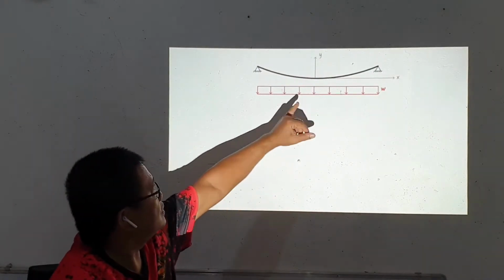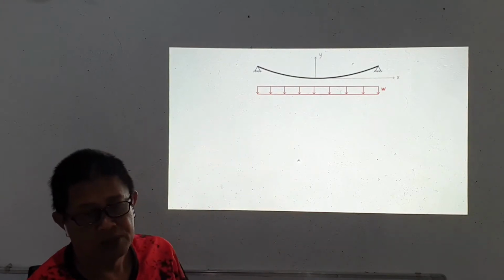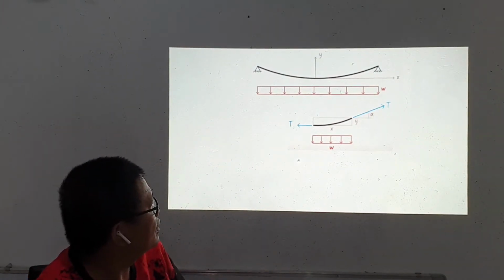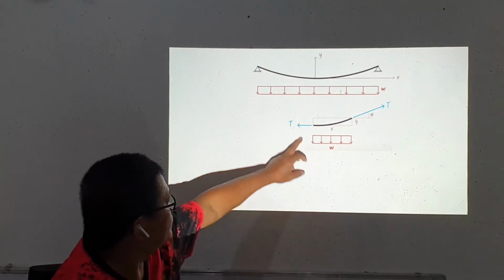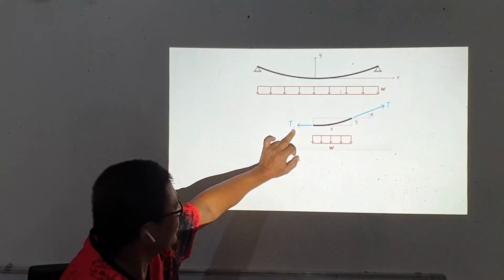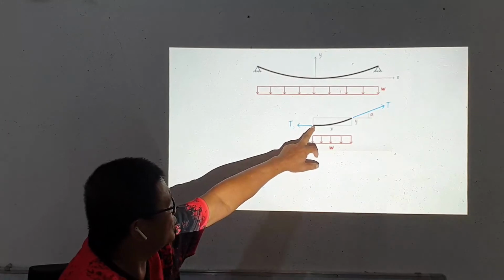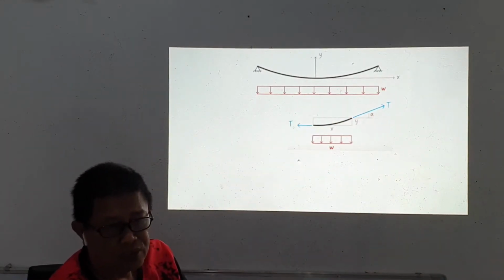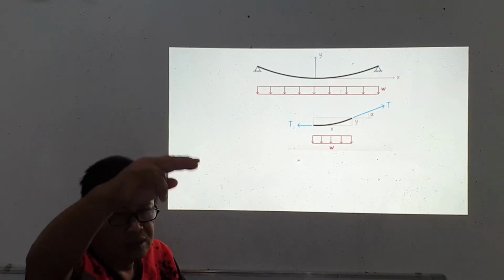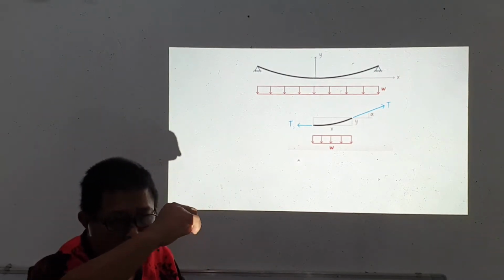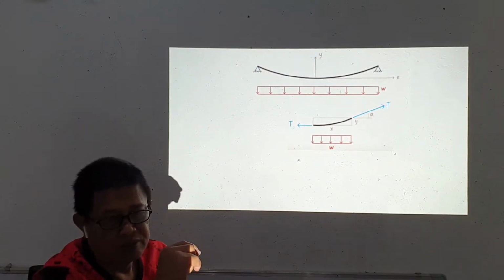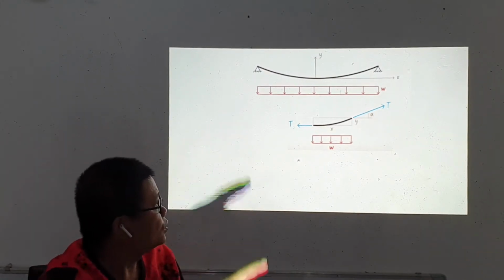Our origin here is the lowest point of the parabola, and we have this portion of the cable where we have T sub O, the tension of the cable at the lowest point, and the maximum T could be located at the supports.